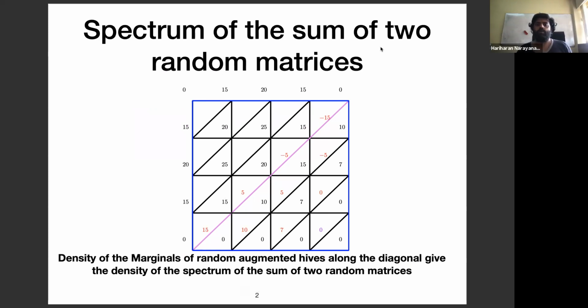So I'm going to spend a lot of time on this slide. This slide gives a polyhedral way of looking at the distribution of the spectrum of the sum of two random Hermitian matrices with given fixed spectra, where by random I mean uniformly random from the natural volume measure.